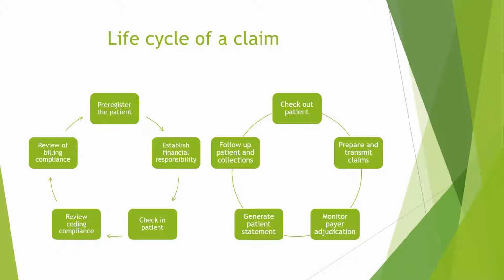Once the patient is checked out, the AR worker, which will be you guys, will then fill out the CMS 1500 form with all the patient's information on it that is needed to submit the claim. Once the claim is filled out, you will then submit the claim for reimbursement for services that were rendered.